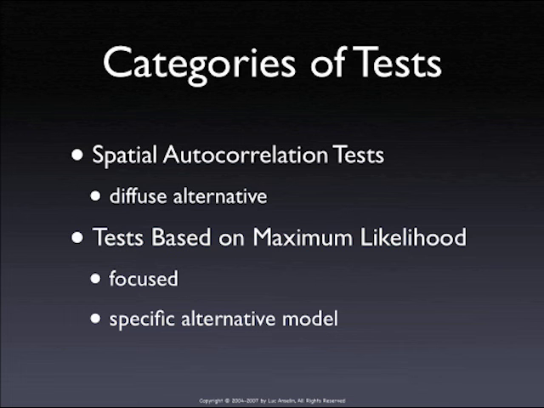And this is part of the specification search, in that the general principles that we'll talk about in a non-technical fashion, for example, the Lagrange multiplier principle, can be applied at any stage of the modeling. So after you run a spatial lag model, you can test for heteroskedasticity, or anything else for that matter, remaining spatial correlation.